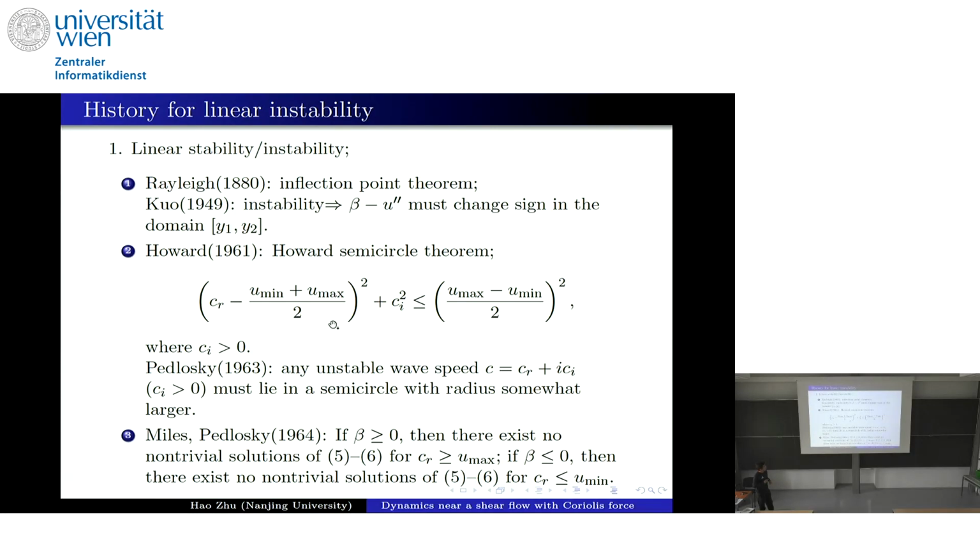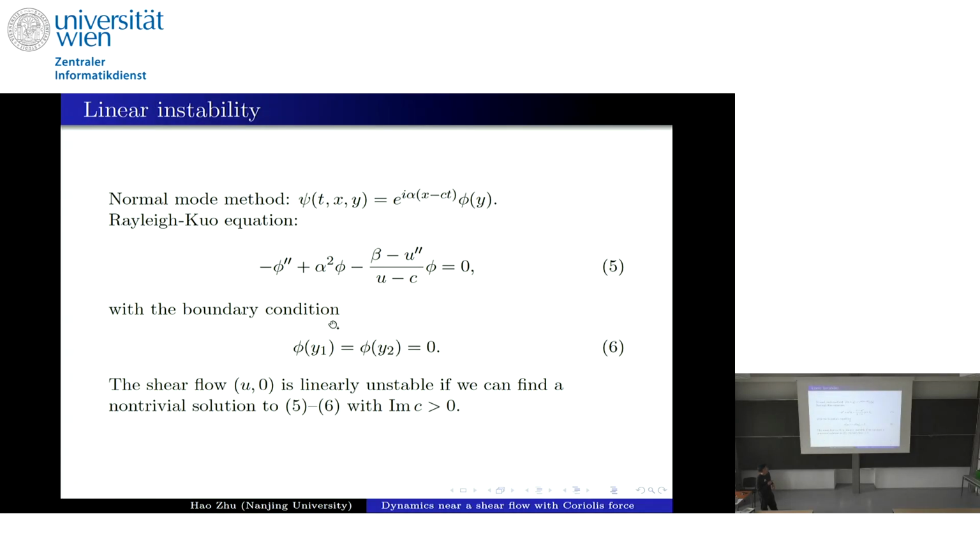And Pedlosky extended it to the case where beta is not zero. And here the radius is somewhat larger. It depends on the parameters beta and alpha. Here alpha is the wave number.